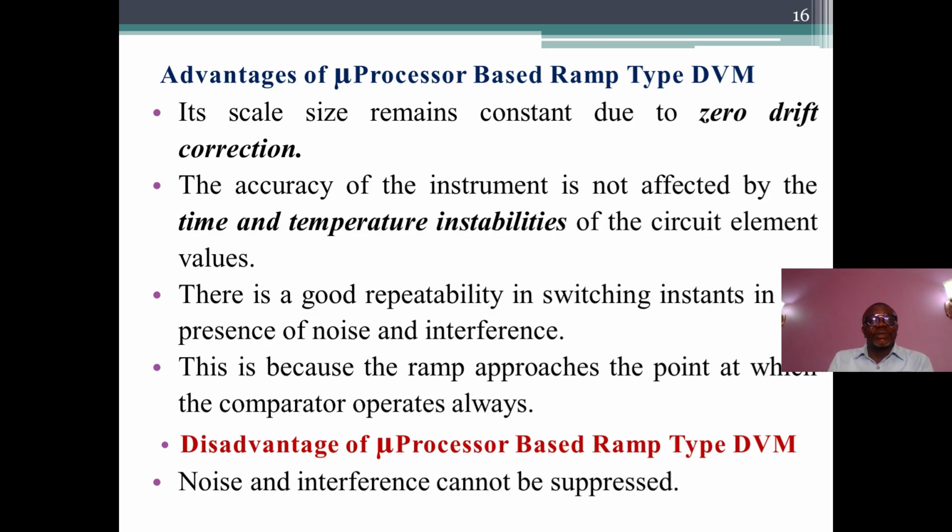It is ruled out in the microprocessor-based ramp type DVM. There is a good repeatability in switching instants in the presence of noise and interference. This is because the ramp approaches the point at which the comparator operates always. However, there is a small disadvantage. Any noise that manages to cross the signal conditioner can no longer be suppressed.